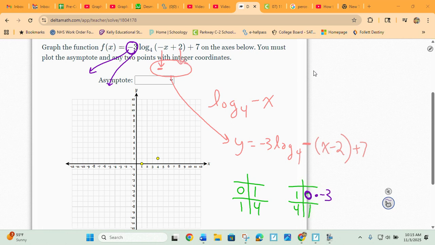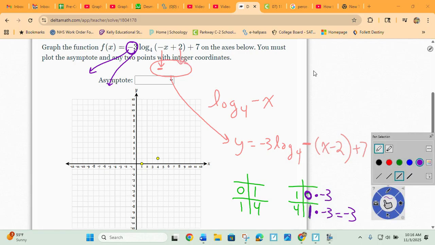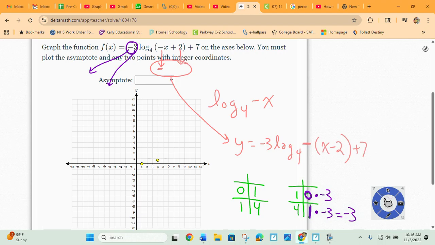When you're 0 feet tall, people can multiply you by 1,000, you're still going to be 0 feet tall, right? And when x is 4, the height of the graph is 1. If we multiply it by -3, we're going to get -3. That doesn't mean we move down 3. That means we actually change our point to, our point used to be at 4, and now it is at -3.